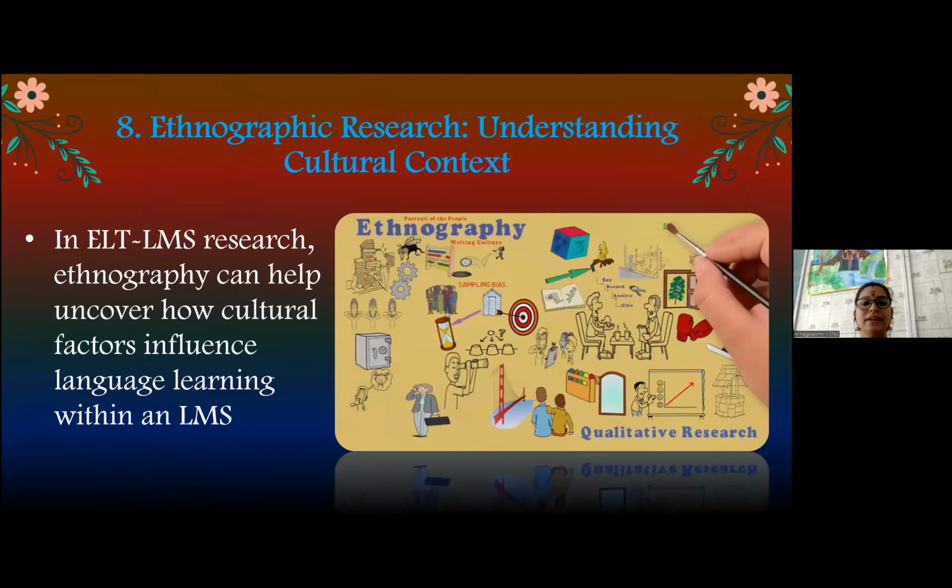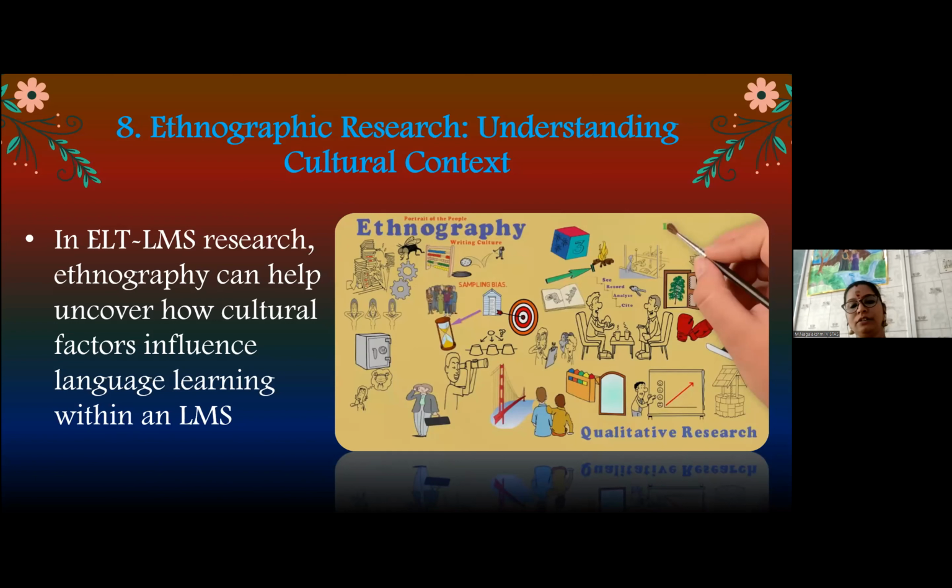Ethnographic research, understanding cultural context. So in ELT LMS research, ethnography can help uncover how cultural factors influence language learning within an LMS. The research involves immersing oneself in a particular cultural context to understand individuals' behaviors, interactions, and experience within that culture.